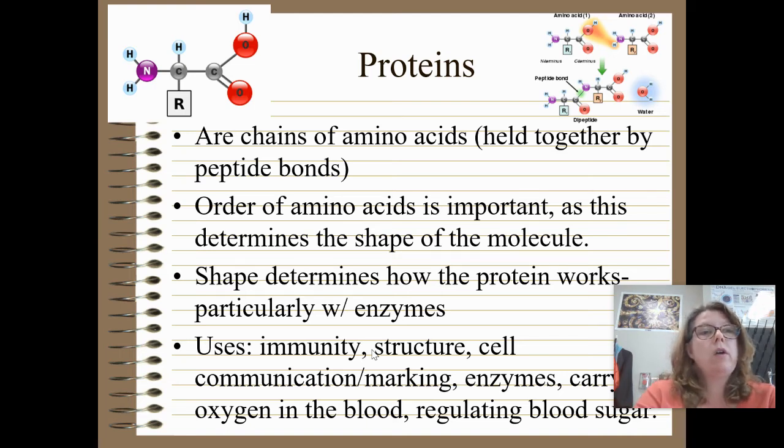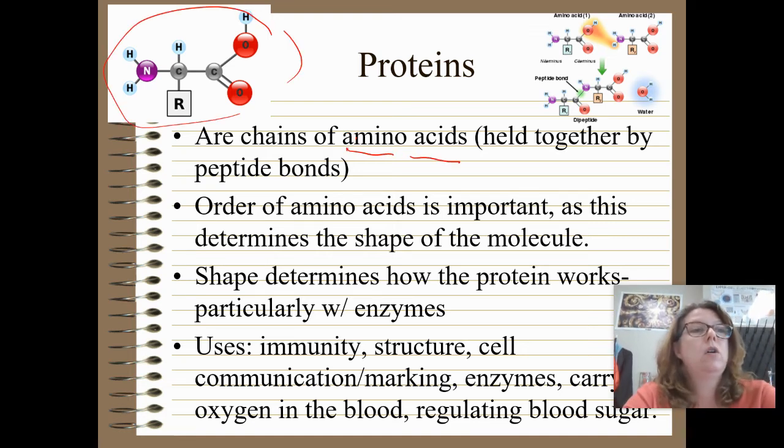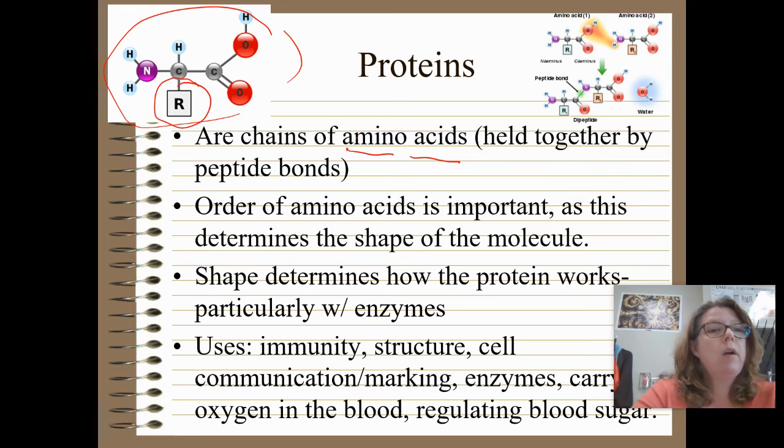The subunit here is called an amino acid, and this is what an amino acid looks like. Notice with proteins, you have carbon, hydrogen, oxygen, and nitrogen here. Occasionally in the side chain, which is this little R group here, and I'll talk about that in just a minute, you will get sulfur as well. So sulfur can be present in these molecules as well.